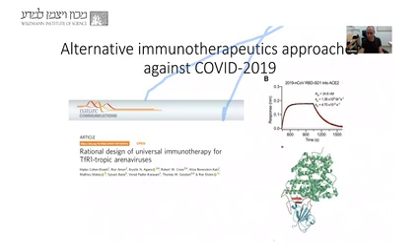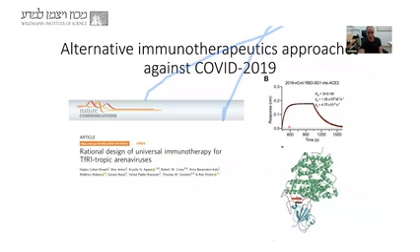So potentially we can take this ACE2 protein and fuse it to another portion of an antibody to create a chimeric moiety that will be able to bind the virus on one hand and recruit the immune system on the other hand. This approach is something that we are currently pursuing in my own lab, and we hope that we'll be able to come up with something promising in the near future.